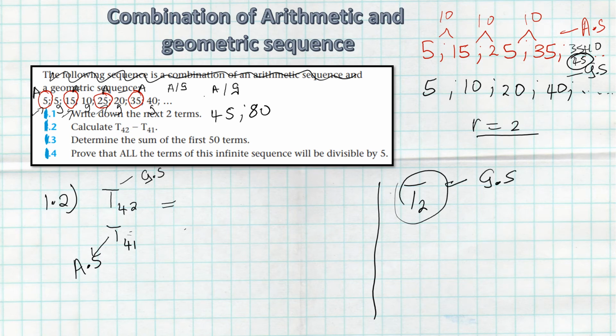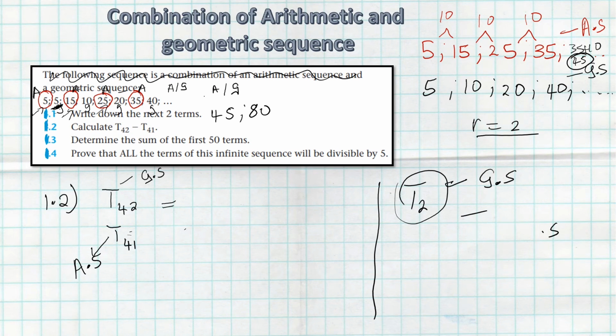It's part of the geometric sequence, but on the whole combination it's in number 2, while on the geometric sequence itself it's the first term, which is 5. So you have to be very careful about that.